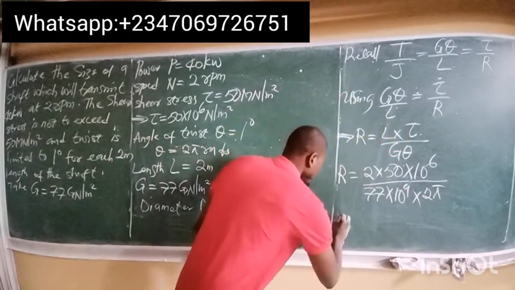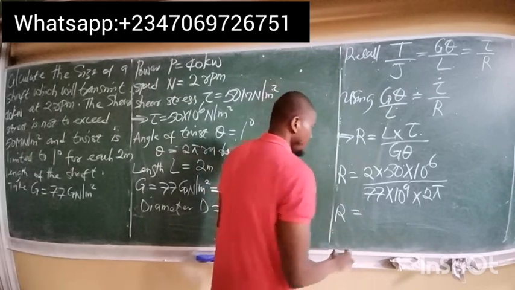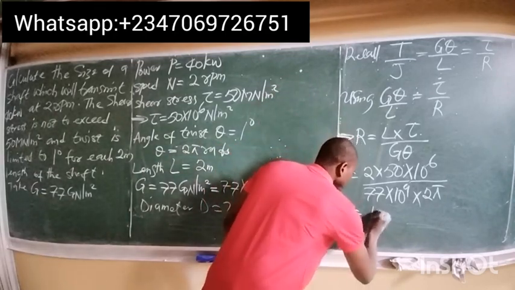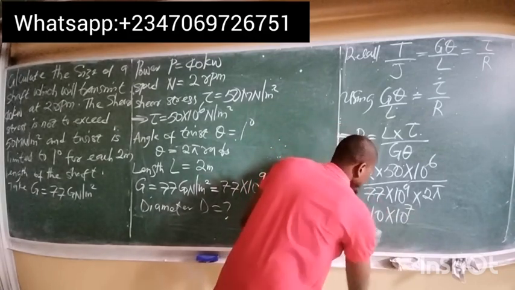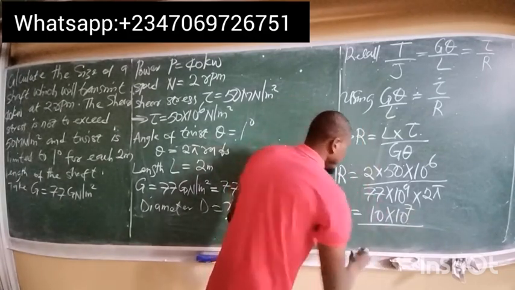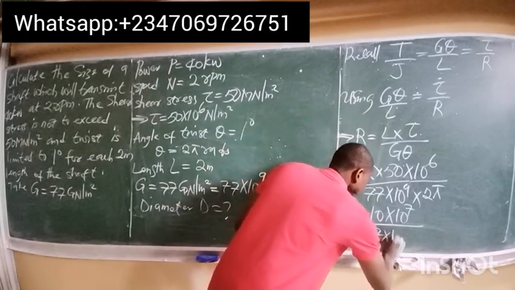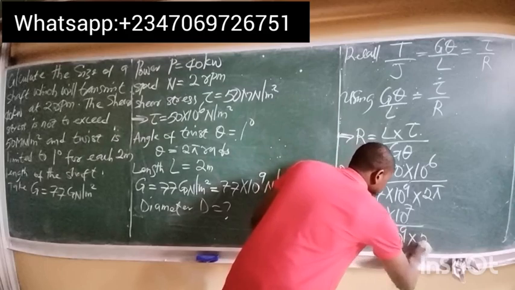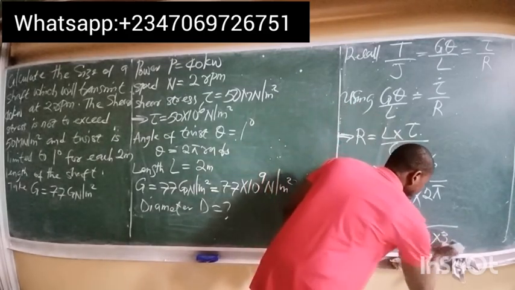Okay, so r equals 2 by 50 by 10 to the power of 6, which simply gives us 10 by 10 to the power of 7, all over 77 by 10 to the power of 9 multiplied by 2 multiplied by pi, which is simply 3.142.